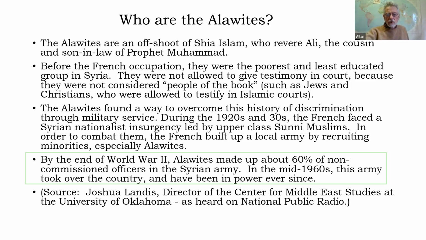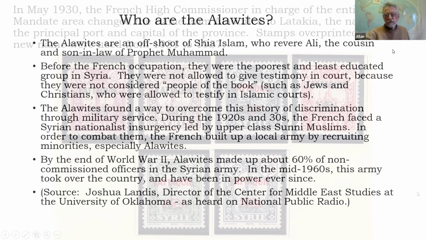And by the end of World War II, Alawites made up about 60% of the non-commissioned officers in the Syrian army. As we know then, by the 1960s, there was a military coup, and the Alawite-dominated army took over the country and has been in power ever since.